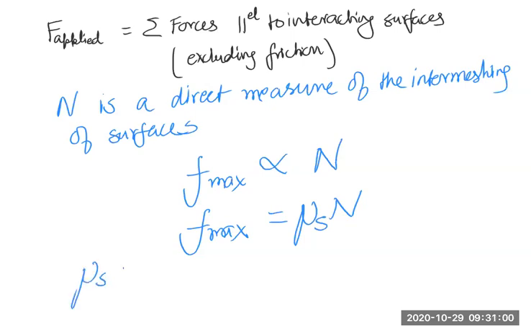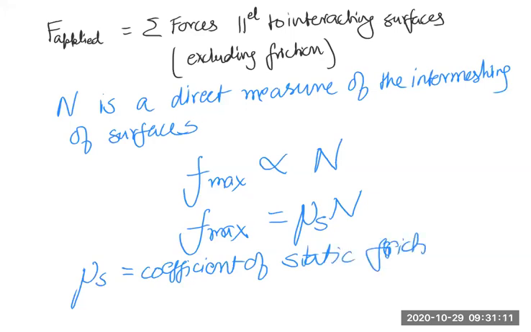Mu s is known as the coefficient of static friction. What is the implication of static here?